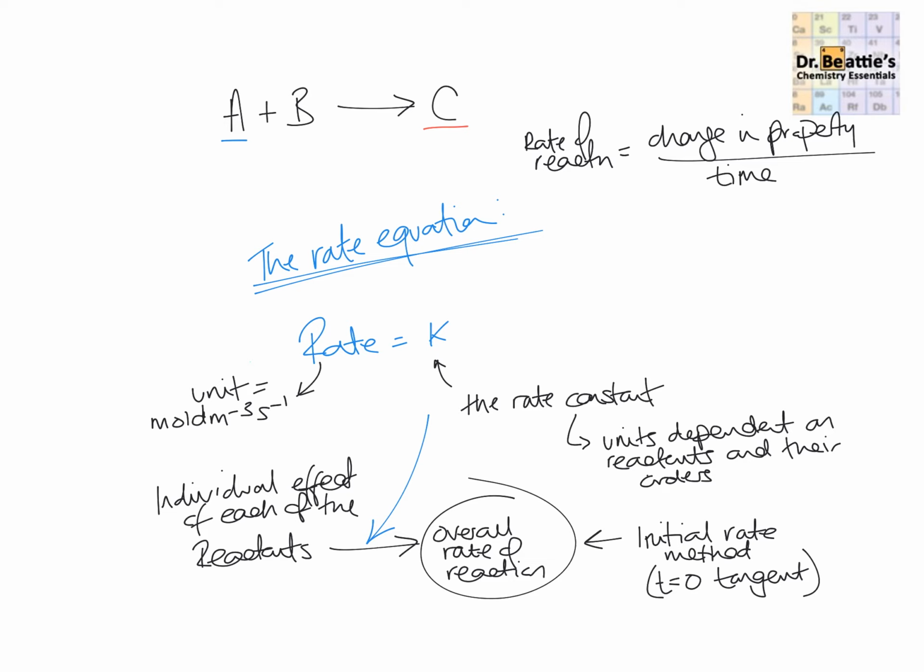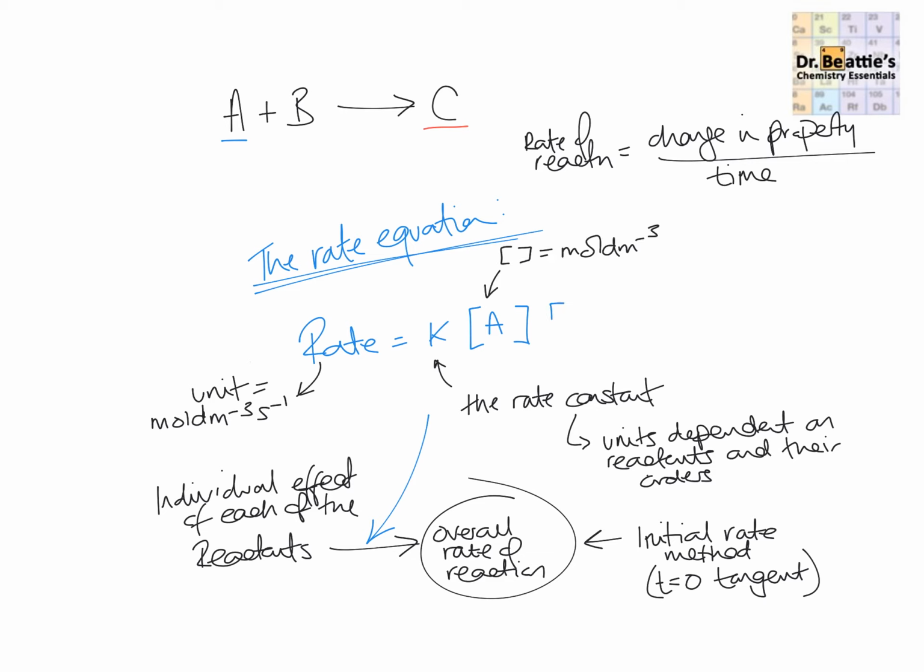And then depending on the reactants, so if we take our example here of A and B going to C, our reactants can appear in the rate equation, and they will always be in their concentration, so concentration of A, and this is denoted by the square brackets, which means mole per decimetre cubed.